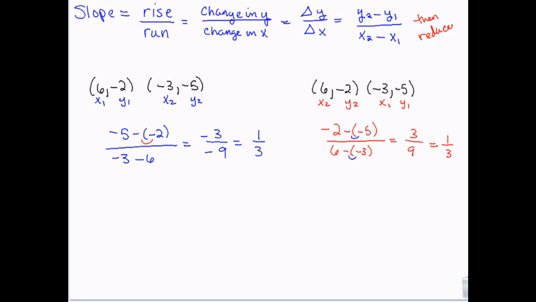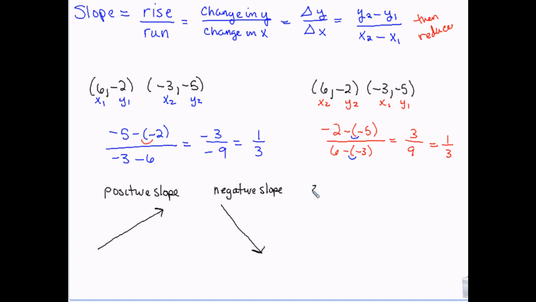So we have positive slope. We read left to right, and positive slope goes up as we move left to right. And you have negative slope, which goes down.